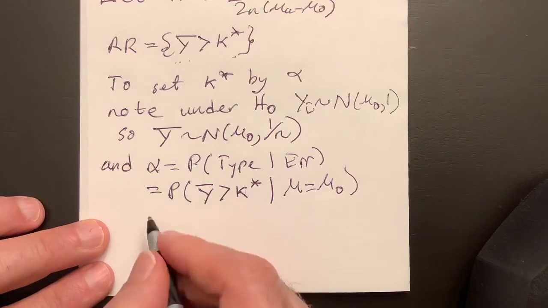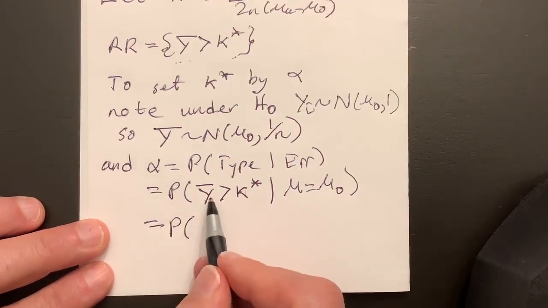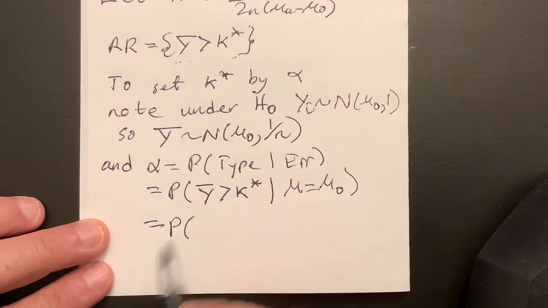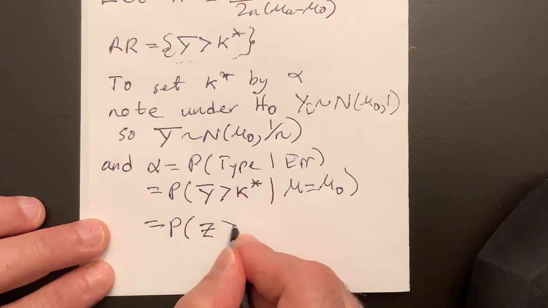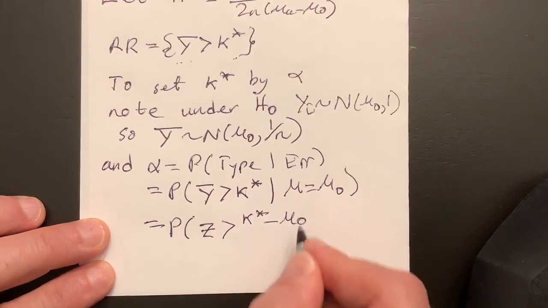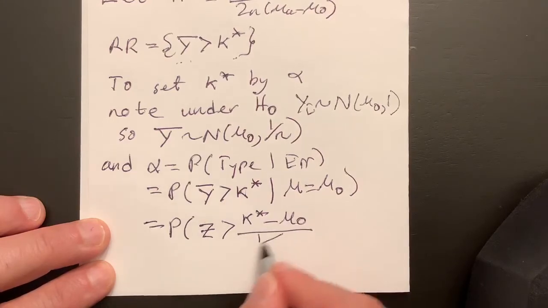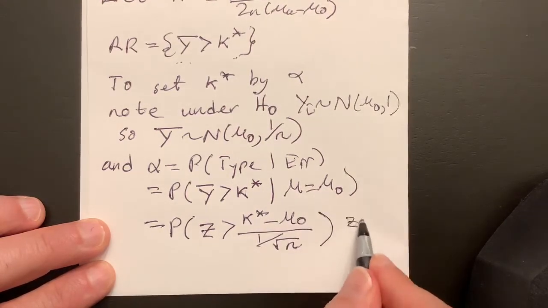Okay, but I can standardize this. If I subtract mu 0 from here and divide by 1 over the square root of n, this is the probability z is greater than (k star minus mu 0) over 1 over the square root of n, where z is standard normal.